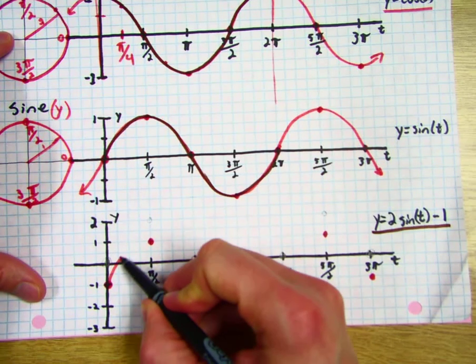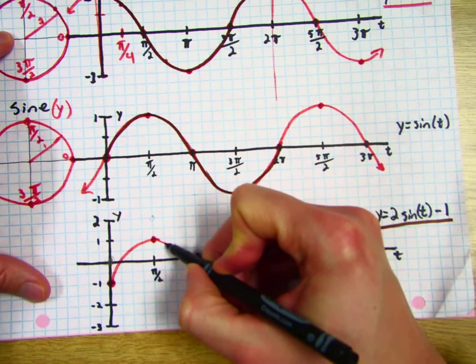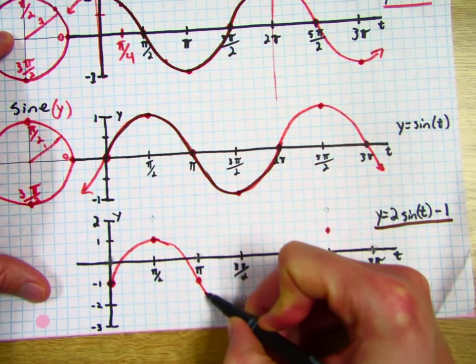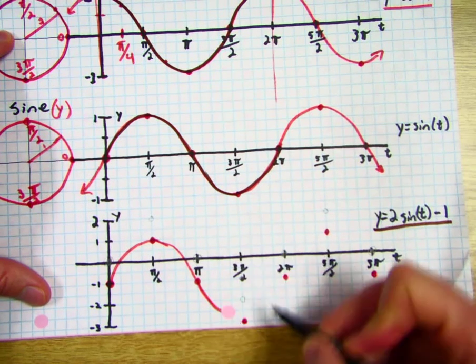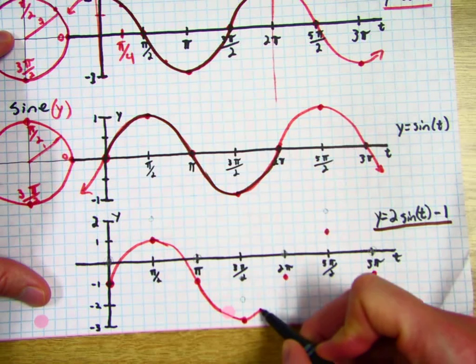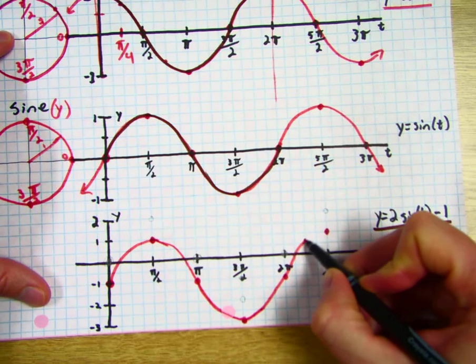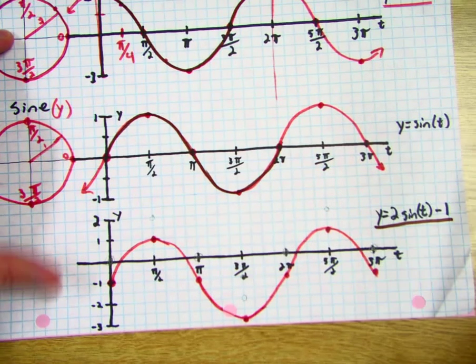Again, I want to make it curved. That's going to go down there, and I'll have to catch it there, back up. Not doing as great with my curves on this one, and back down.